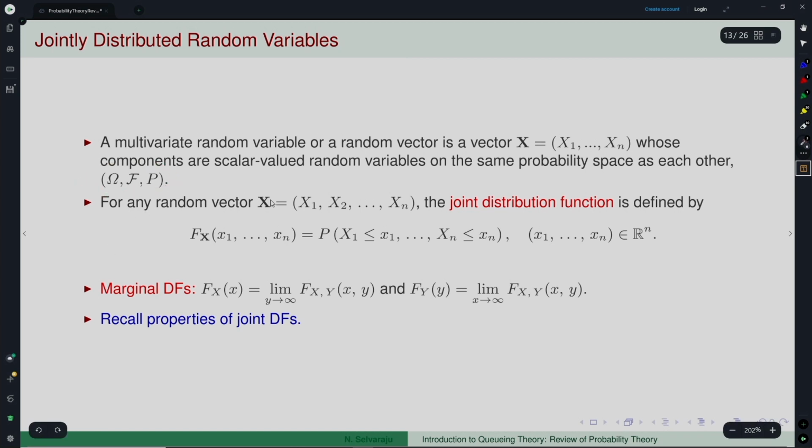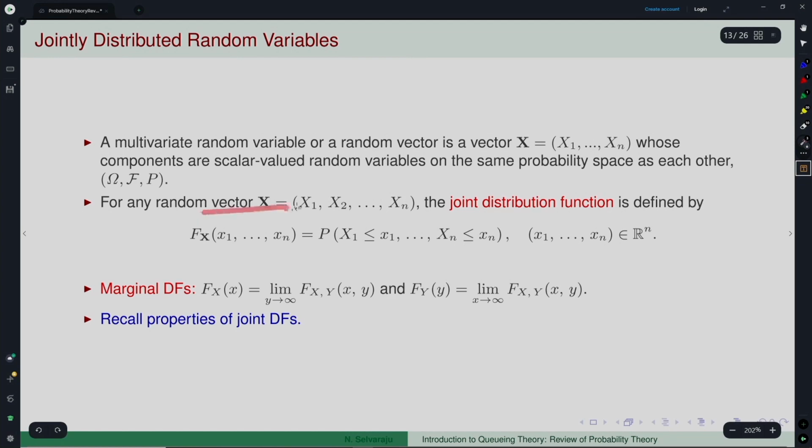Now, just like for a univariate random variable we have defined a probability function, either distribution function or PMF or PDF equivalently, here also for any random vector you have what we call the joint distribution function, which is defined like this, just an extension from one dimension to n dimensions as you see here.